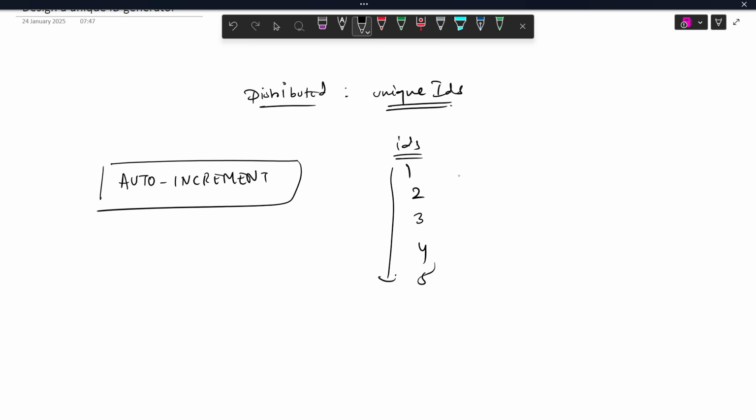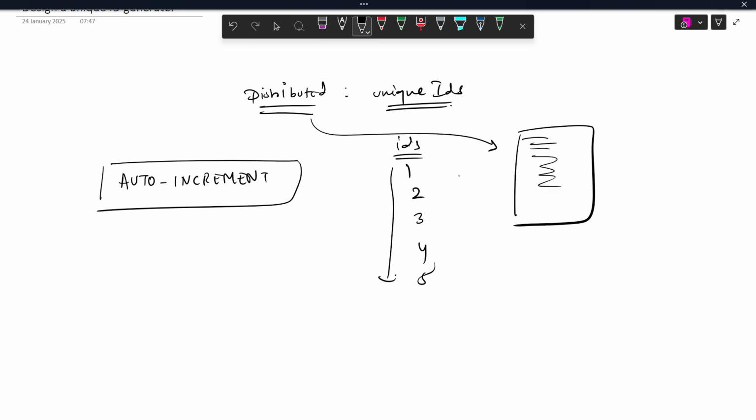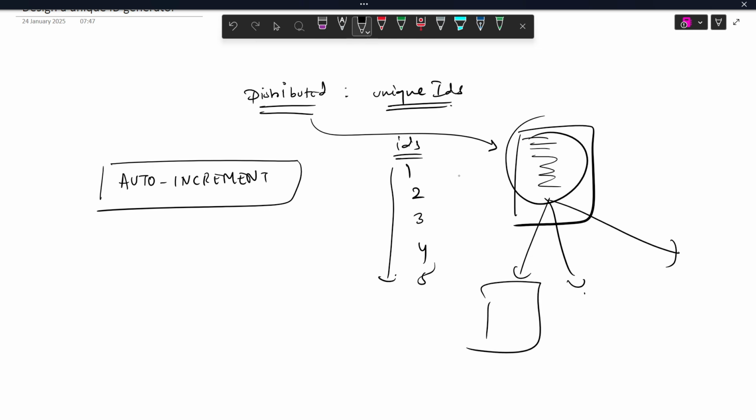But in distributed databases, why do we make a distributed database? First of all, we do it because one database is not large enough to store a lot of data. So we distribute the data across different databases. So this is not a distributed database.